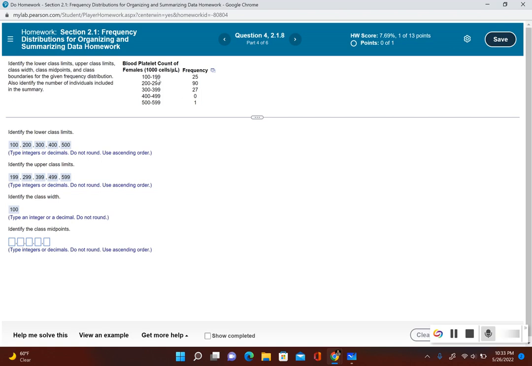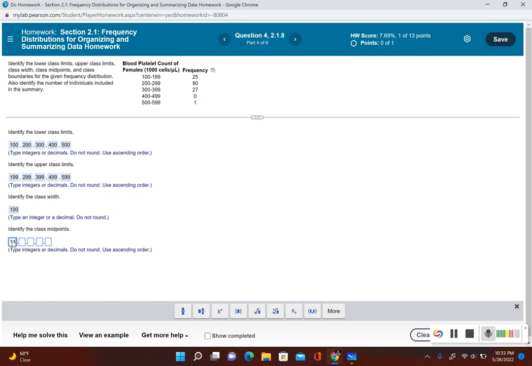So 100 plus 199 gives us 299, and then divide that by 2, that's going to give us 149.5. This is a number that's exactly in the middle of 100 and 199.